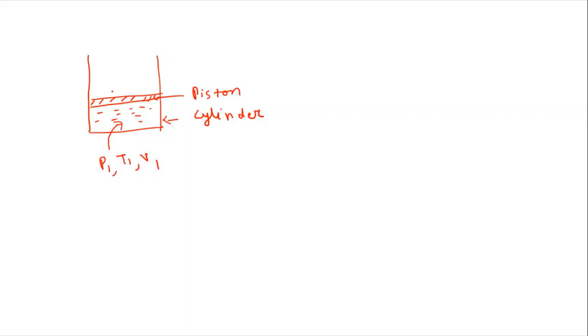There is a weight W over this piston, and there is also a stopper so that the piston cannot go beyond or out of the cylinder. Let's say we remove this weight from the piston.